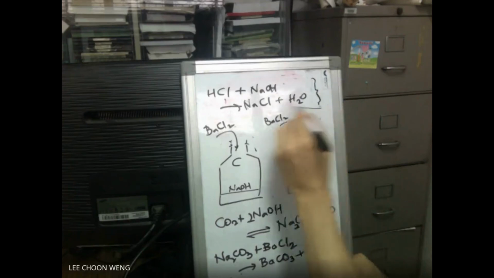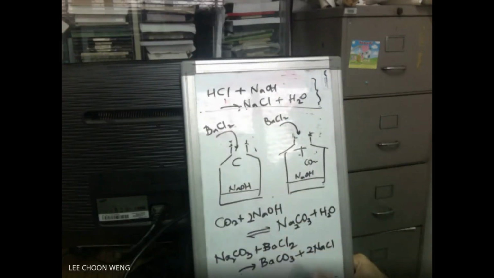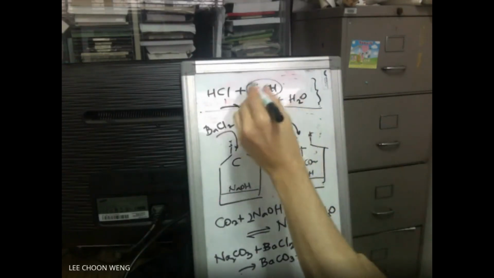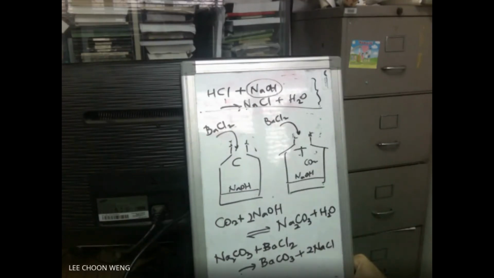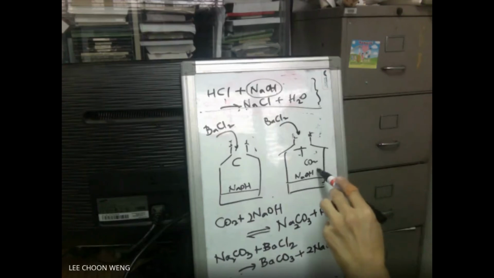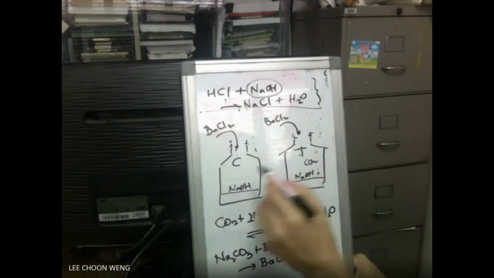What is happening when we do the titration? We are titrating for the remaining sodium hydroxide. So this will have less sodium hydroxide remaining. That's why your titrant volume will be less for this, and this will be higher.